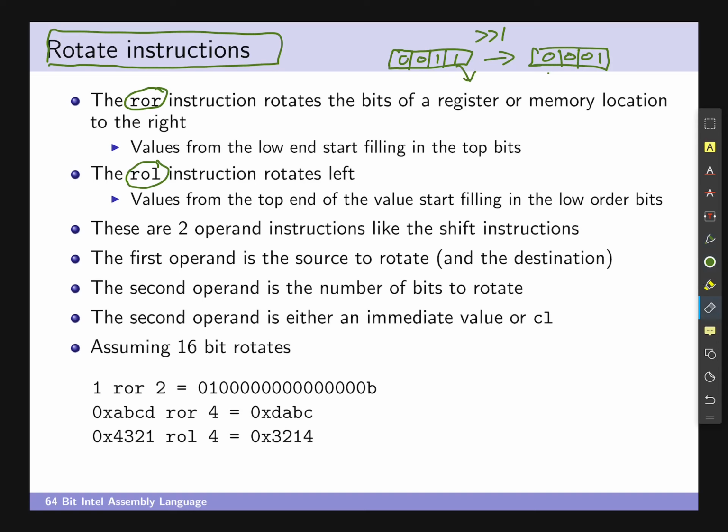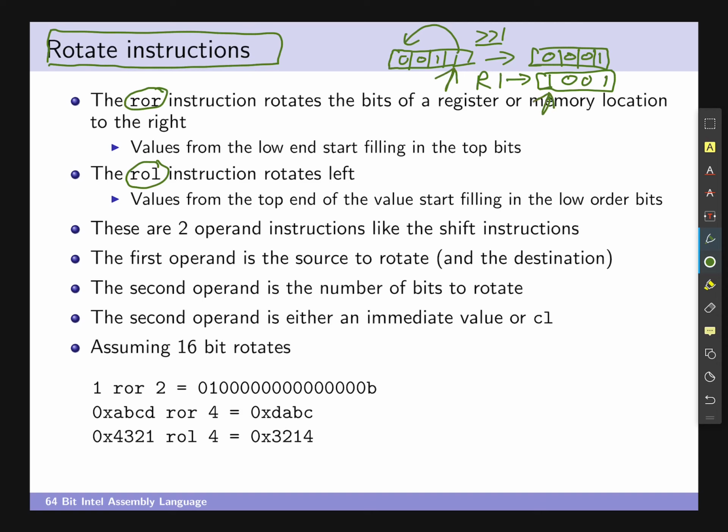However, if I'm in the context of performing a rotate as opposed to a shift, so if I were to rotate right by 1, what I would actually end up getting is that this lower order 1 would get moved to the top, and then everything would shift. So I'd end up getting 1, 0, 0, 1. Okay, so the trick here is that I don't lose that lower order bit, but it rotates around to the top.